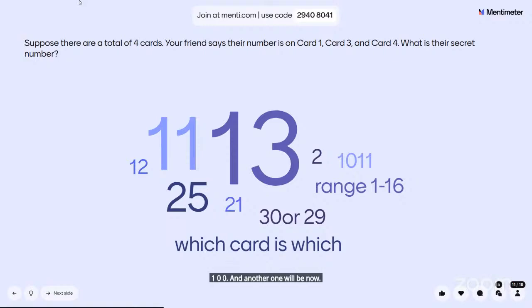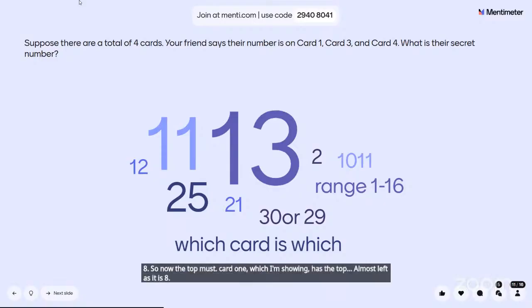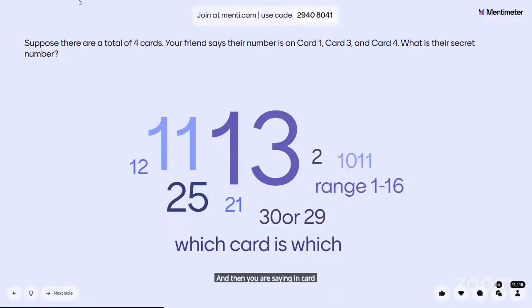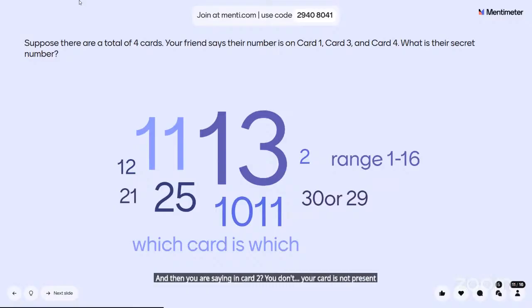So now the topmost card which I'm showing has the topmost left digit 8. And then you are saying in card 2, your card is not present there. Yeah, the binary representation will be 1011. Exactly.